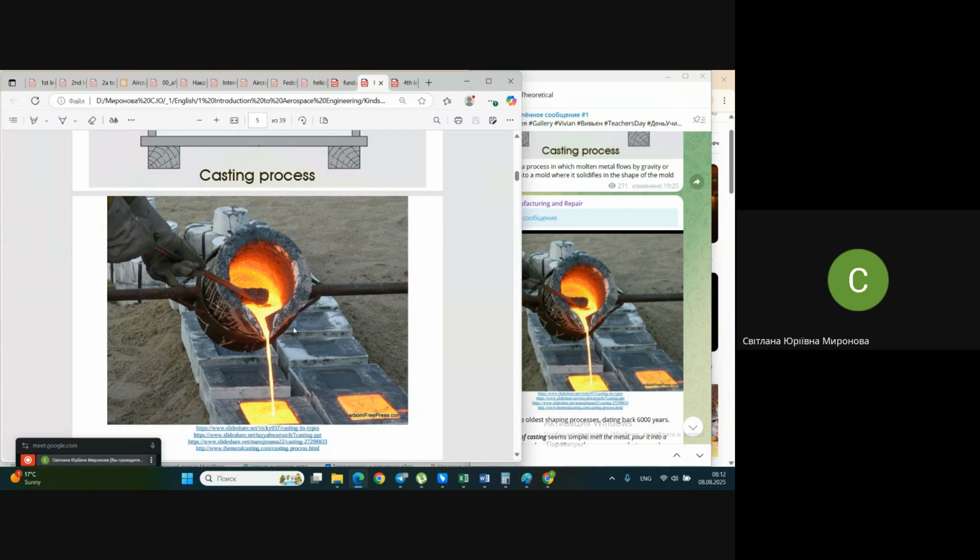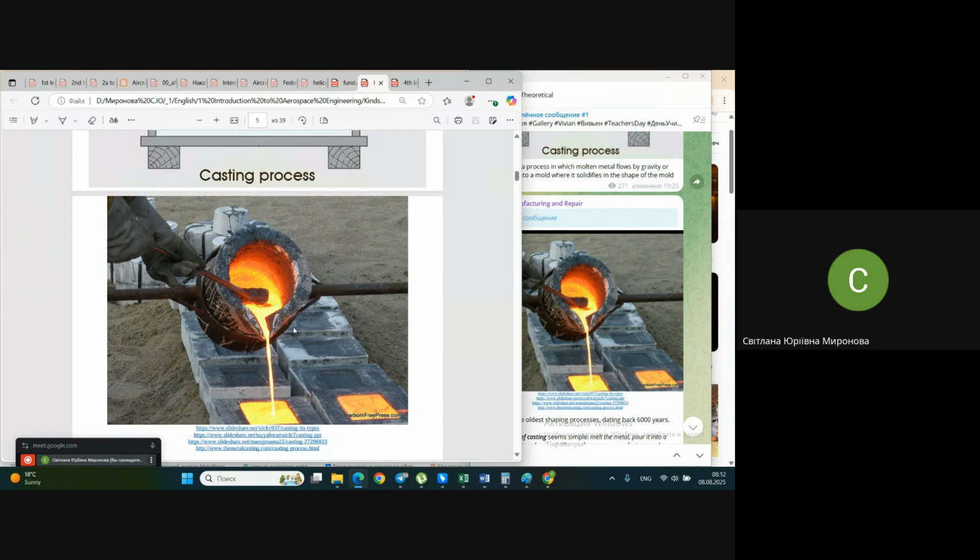We will try to talk about their differences, but I need you to understand the most important thing in this classification, in this distinguishing of casting processes. It's not even the process itself. The process itself is quite the same. Pour the mold with liquid metal and wait until it's solidified.